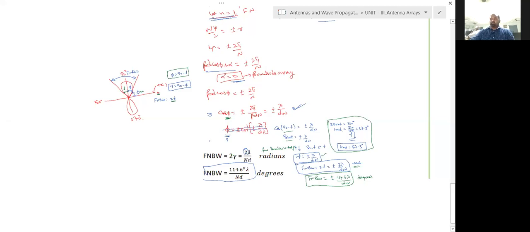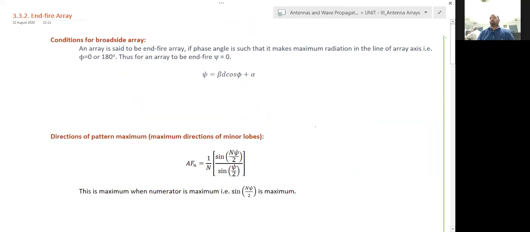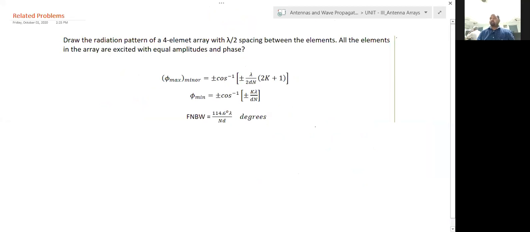One example, right? So let us take an example and let us try to understand even more clearly. So this is the problem I have taken.